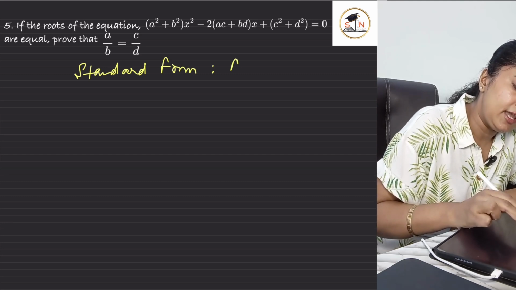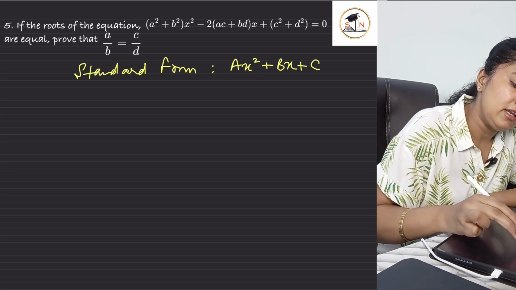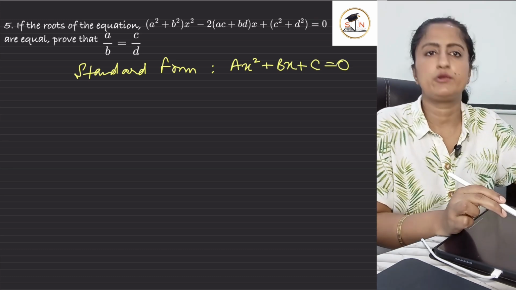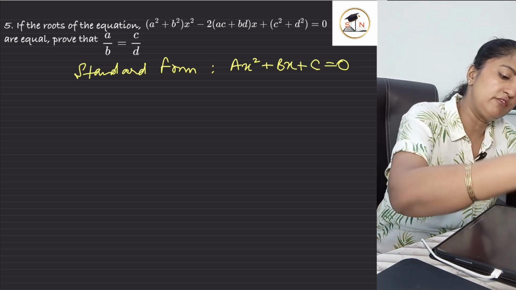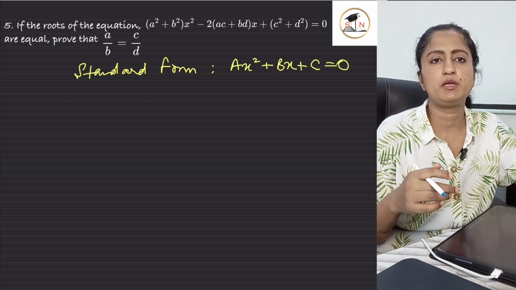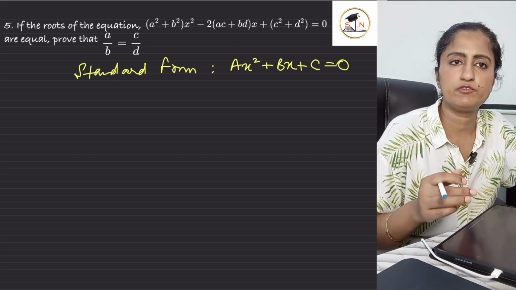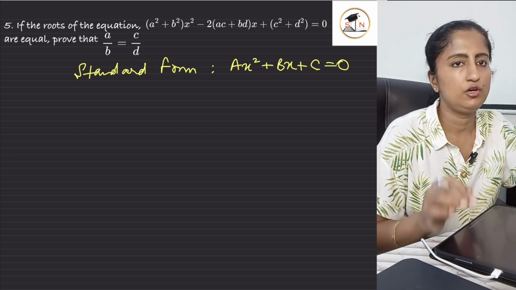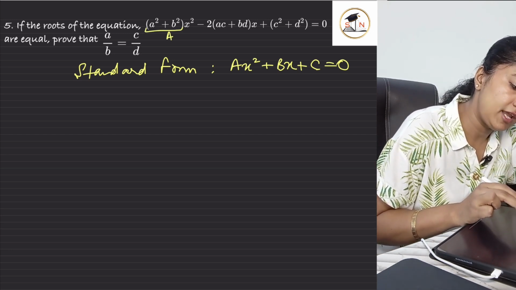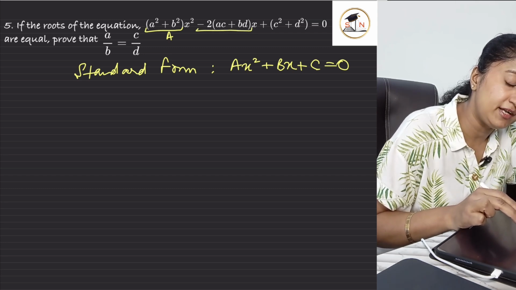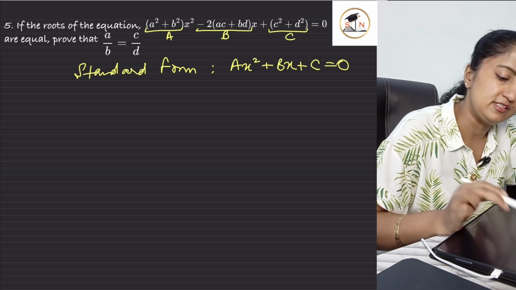That means capital A x square plus capital B x plus capital C equals 0. Because we need to differentiate between the given abc and the standard form ABC. Otherwise, while solving, while putting in, you may get confused and things may go wrong. Okay, now this complete thing is your A. And then starting from negative till this bracket is your B. And this thing is your C.